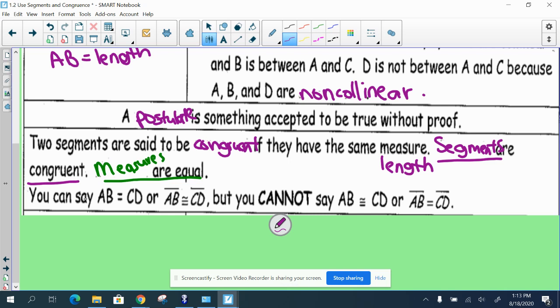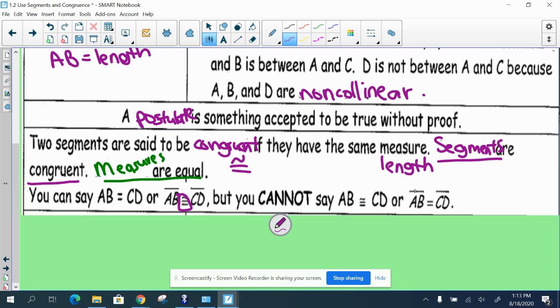So you can say that AB equals CD, or segment AB is congruent to segment CD. The symbol for congruence is an equal sign with a squiggle over top of it. So you say the lengths are equal, but the segments are congruent. So in other words, you cannot say that the lengths are congruent because we're just talking about numbers here. Numbers aren't congruent, numbers are equal.